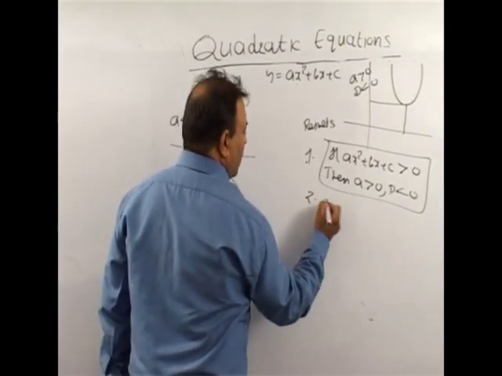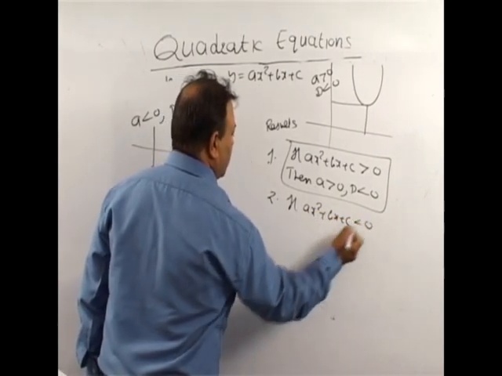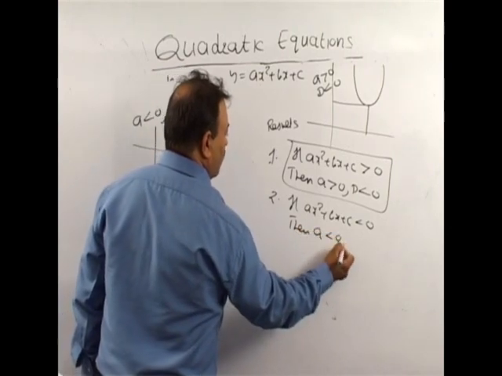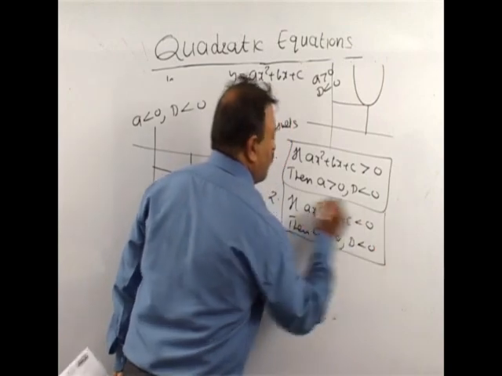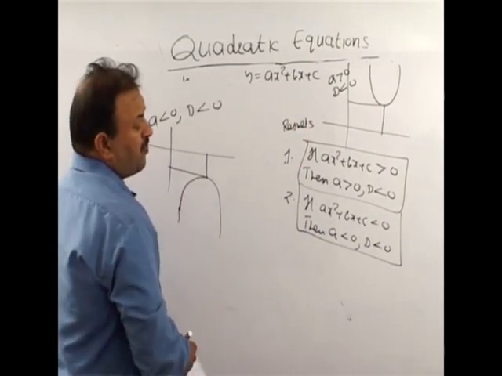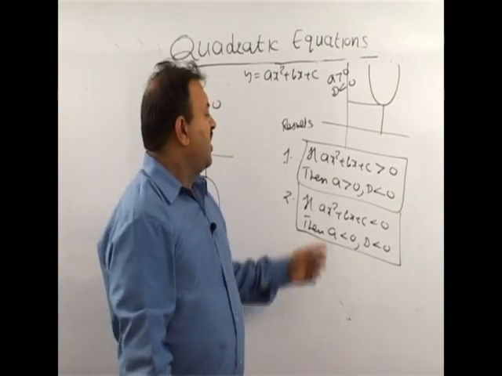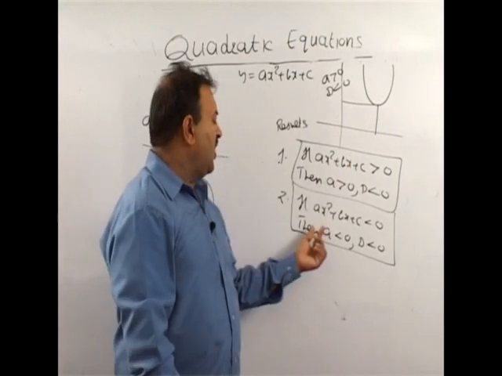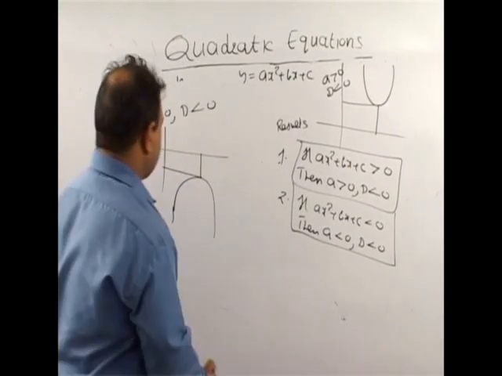I can say if ax square plus bx plus c is less than 0, then a less than 0, d less than 0. So we can conclude 2 points from here: if discriminant is less than 0 and a is positive, then it will be an upward parabola. If a is less than 0, then it will be a downward parabola.